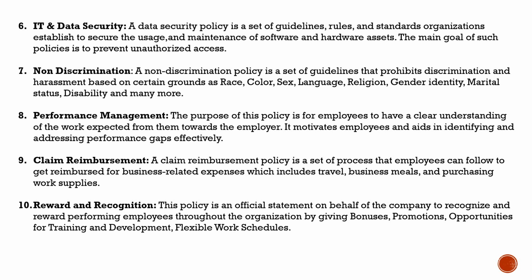Okay, moving to the ninth policy, which is claim reimbursement. A claim reimbursement policy is a set of processes that an employee can follow to get reimbursed for business related expenses, which includes travel, business meals, and purchase of work supplies. So in case an employee is going for a business meeting to some other city, whatever travel allowances he'll be getting, or if he had bought the tickets, he can get those amounts reimbursed.